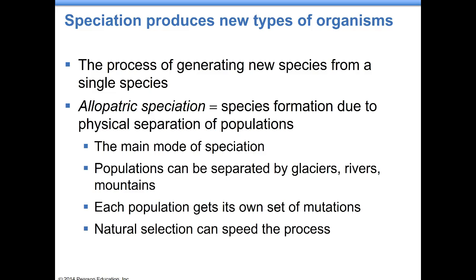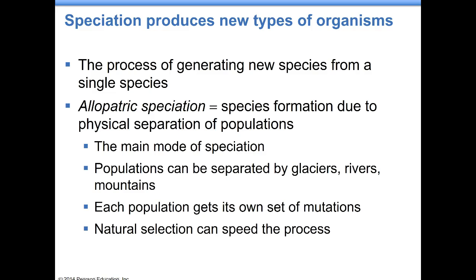Speciation can occur in a number of ways, but the main model we're going to talk about is allopatric speciation. This is where species form from populations that become physically separated over some geographic distance. The individuals within the population possess many similarities that unify them as a species because they were able to breed with one another and share genetic information.